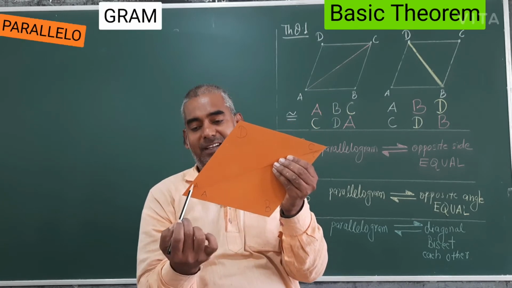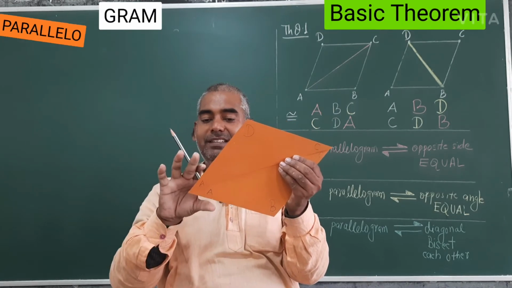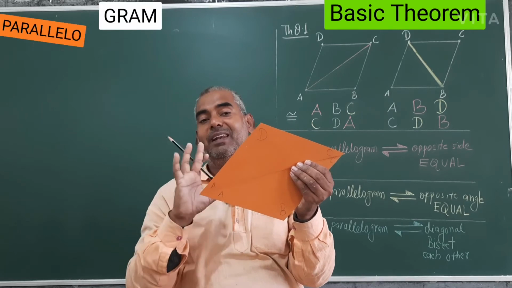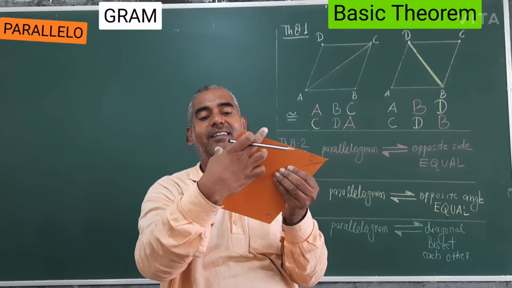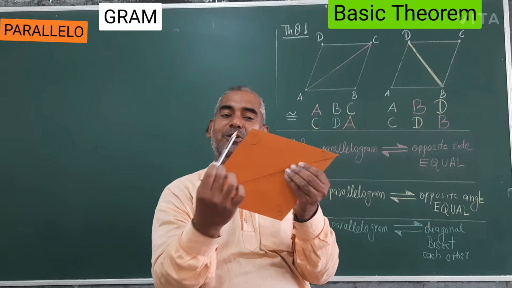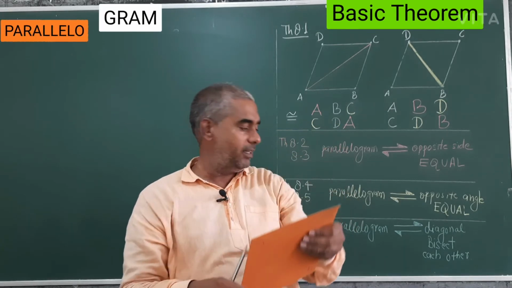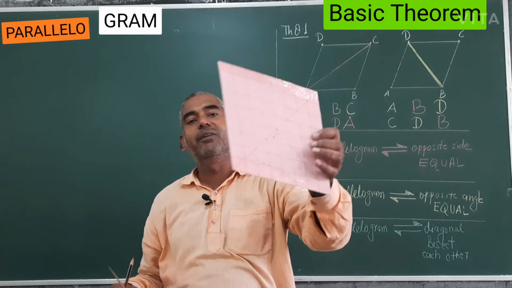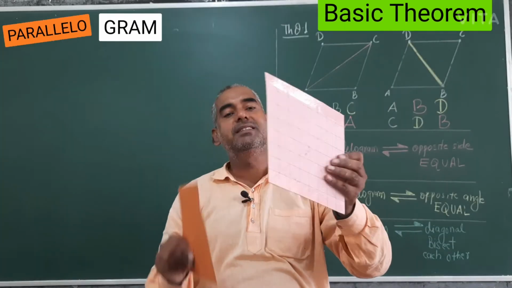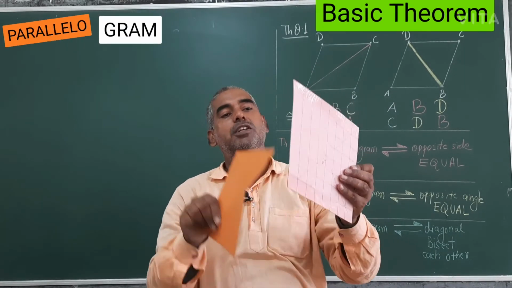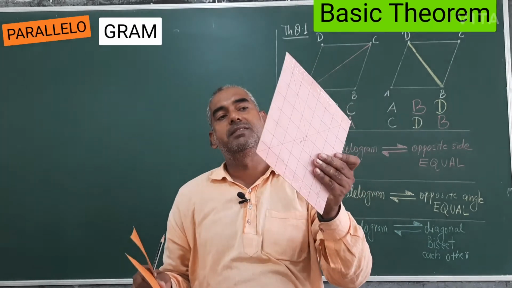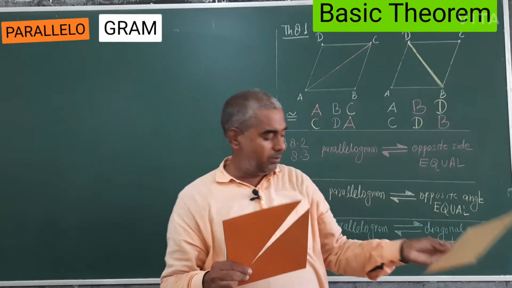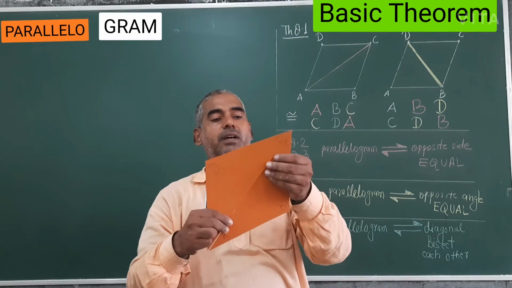It may be bisected, but at that time this is a rhombus, not a parallelogram, meaning all the sides are equal. Later I will tell you. In a rhombus it happens, and actually this is a rhombus, not a parallelogram. Rhombus means all four sides are equal. That is why you are observing these two angles are equal.